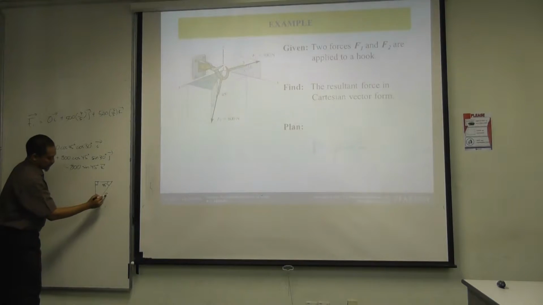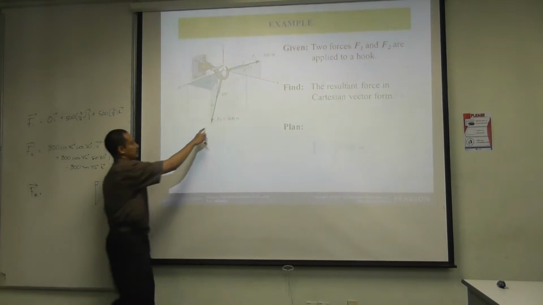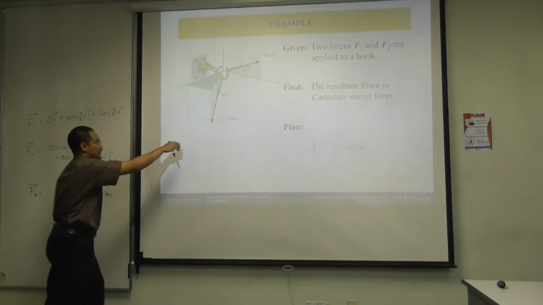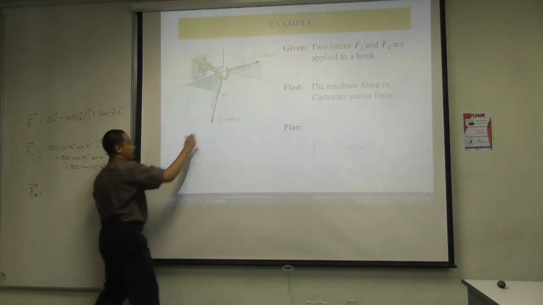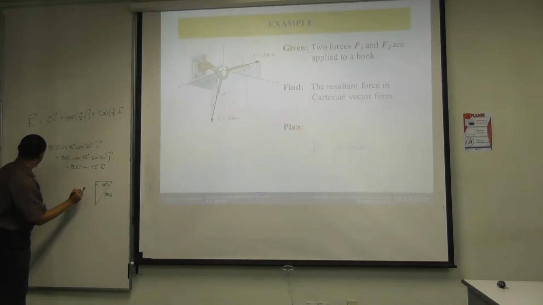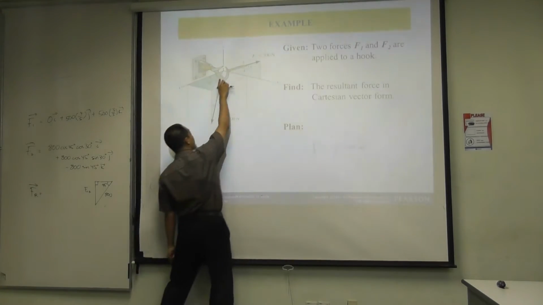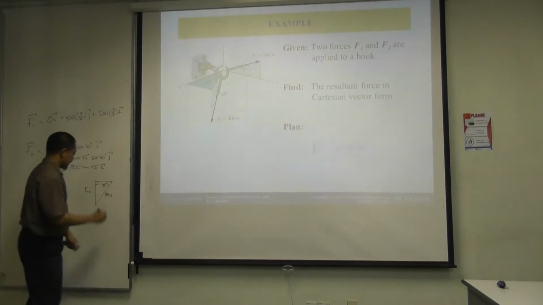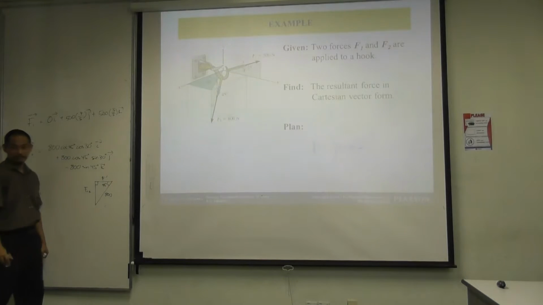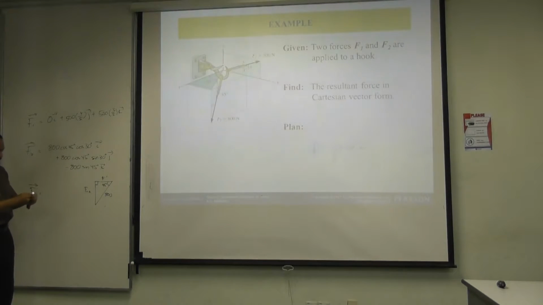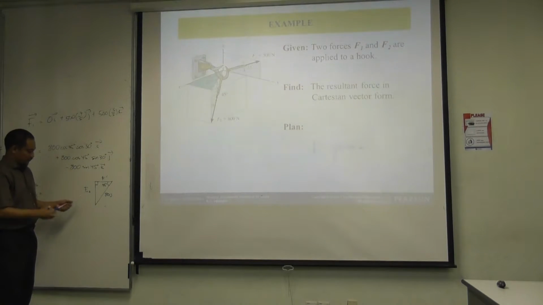Okay, this will be 800, the hypotenuse. This one is the z component, so let's put it F2Z. This one is this line here, let's label it F prime. Can you express F2Z from this triangle?